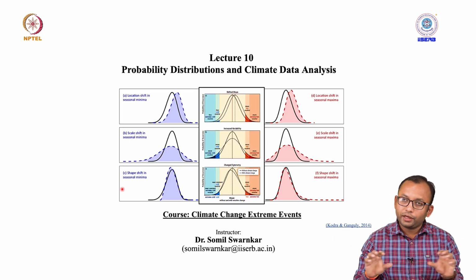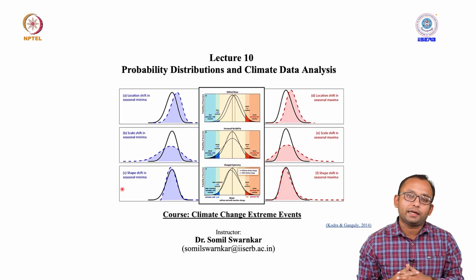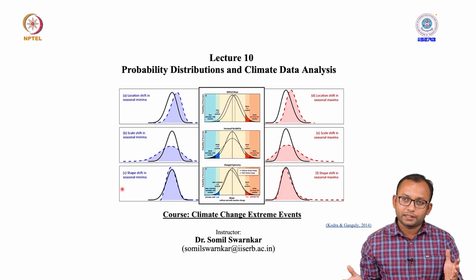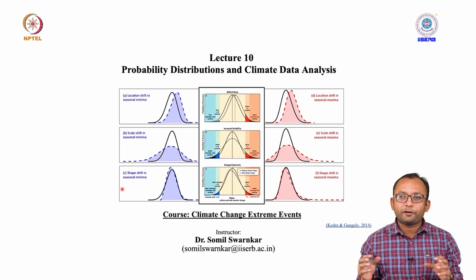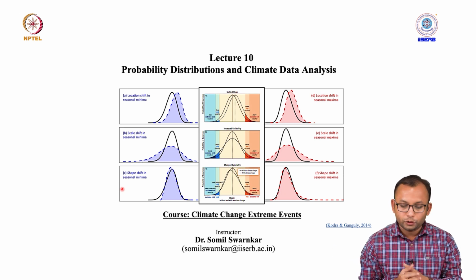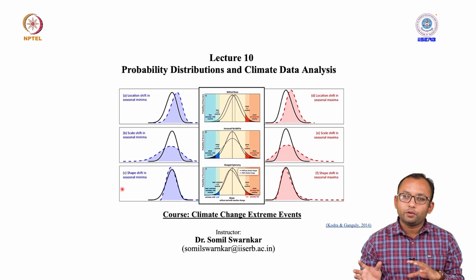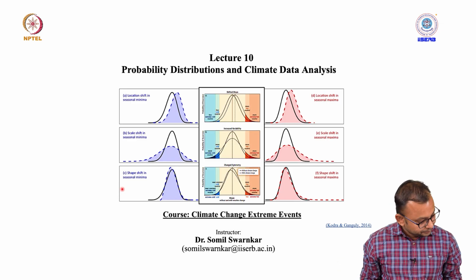So, this is what we basically do: we make a hypothesis, and based on the observed data, reanalysis data or satellite data, we look at whether the hypothesis is correct or not. This is exactly how we use these data set for climatological analysis.